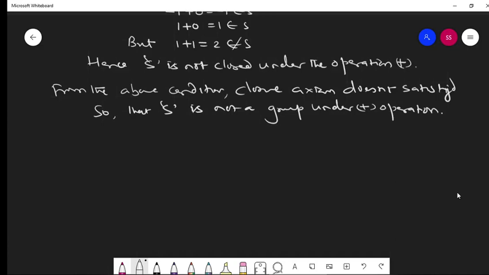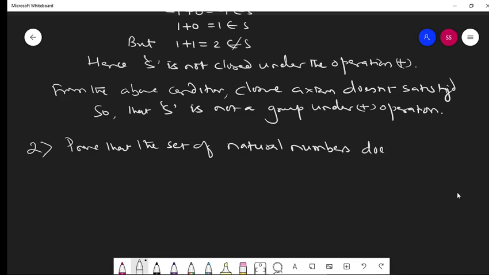Now move to the second question. Question number 2: Prove that the set of natural numbers does not form a group under the plus operation.